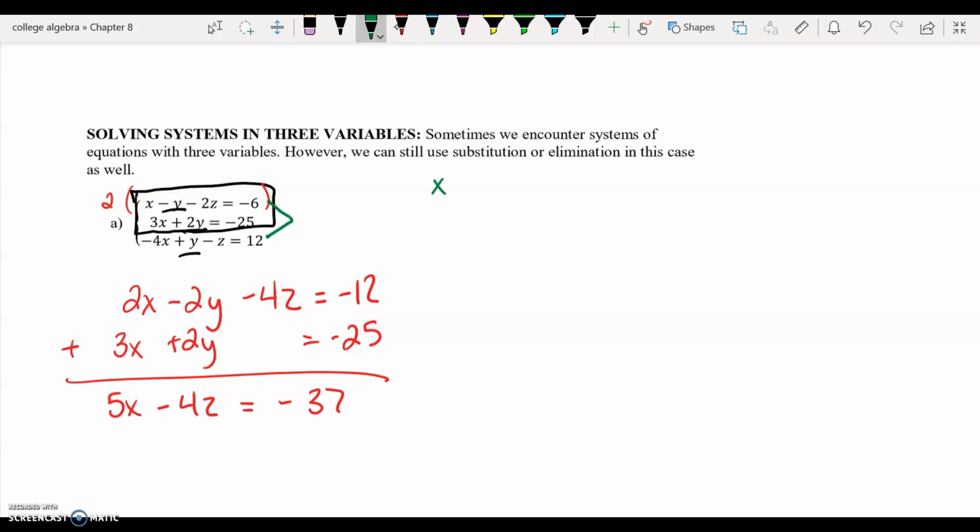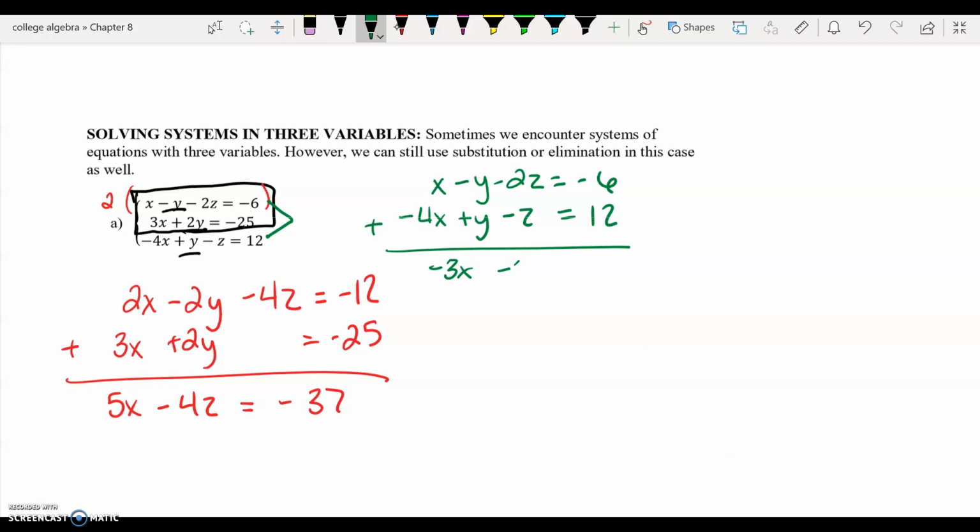So I did the top one and the middle one. Now I'm going to do top and bottom. Solve it. The y's already cancel. So if you cancel out the y's, you got to cancel out the y's in this one as well. Now I have 2 equations.